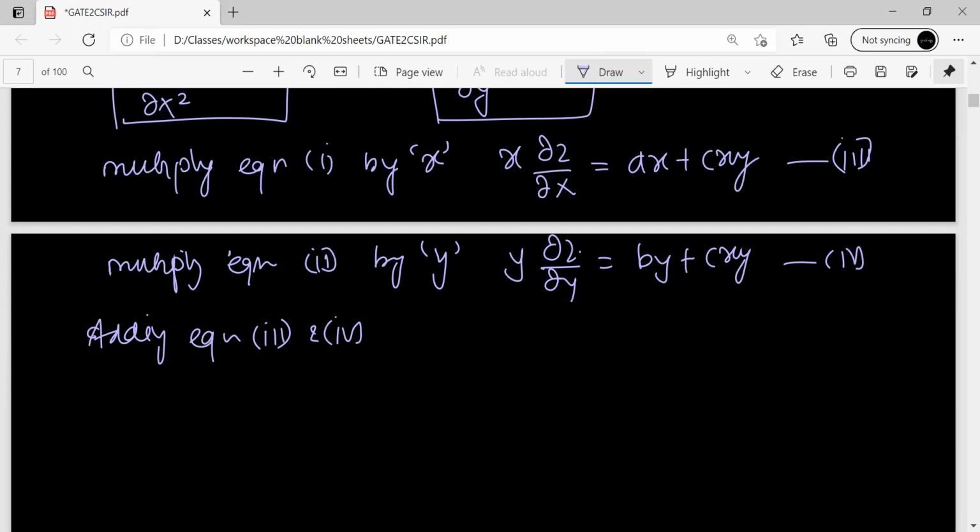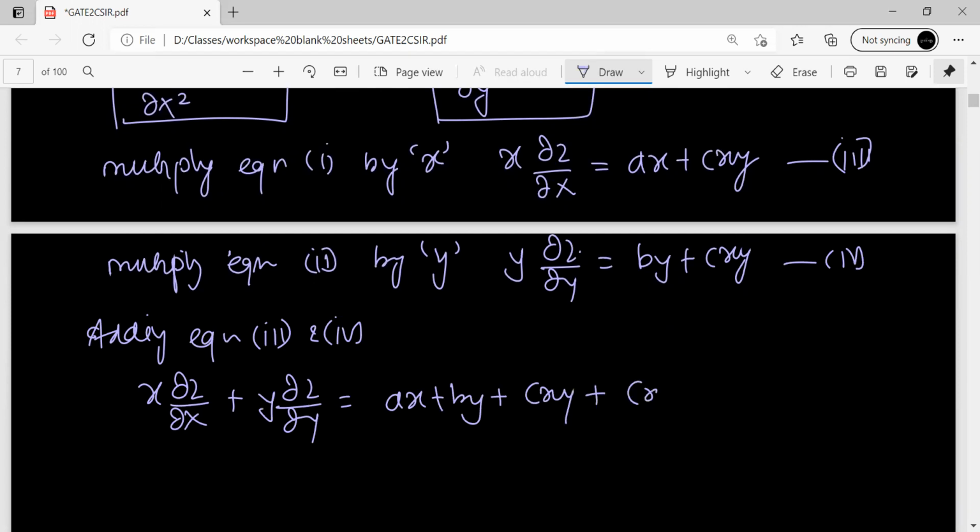I'll be getting x del z over del x plus y del z over del y equal to ax plus by plus cxy plus cxy. Well, I know that this part is z, but here I'm getting a constant c. So how do I eliminate this c?